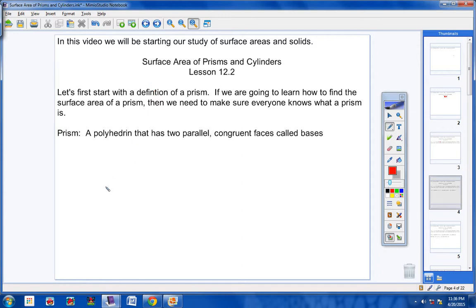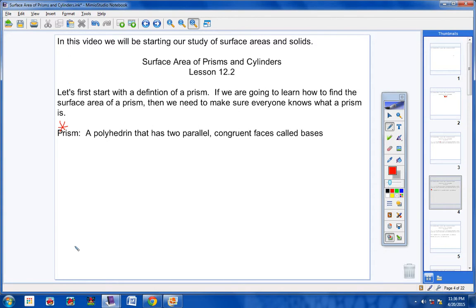Here's the definition. A prism is a polyhedron that has two parallel congruent faces called bases. You are not responsible for this on a test or a quiz, but I still would like you to write it down. So take a second and please copy this down.